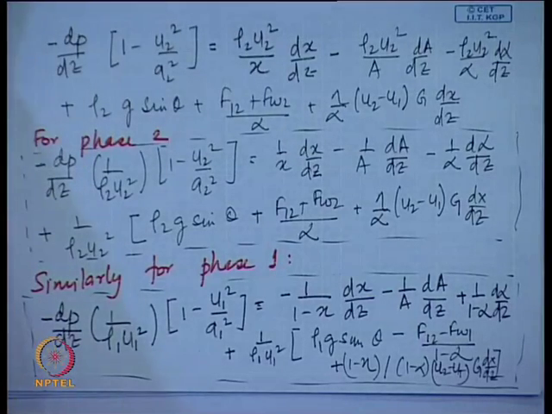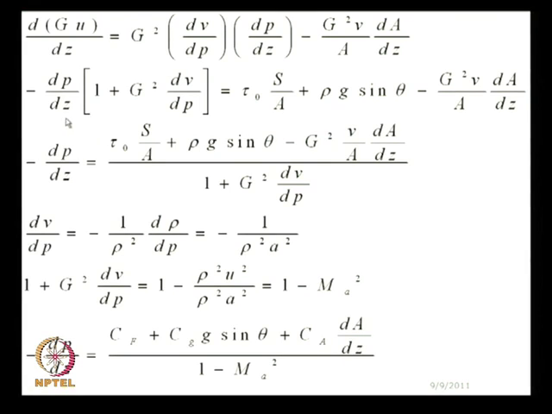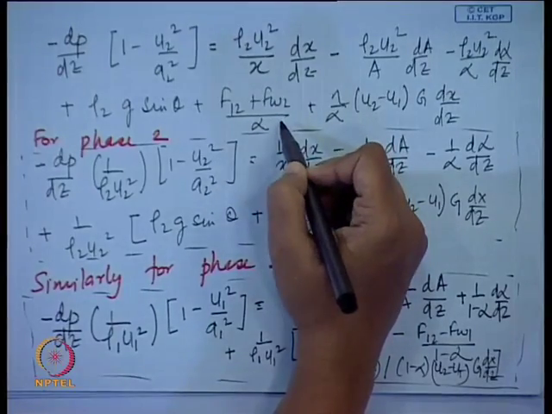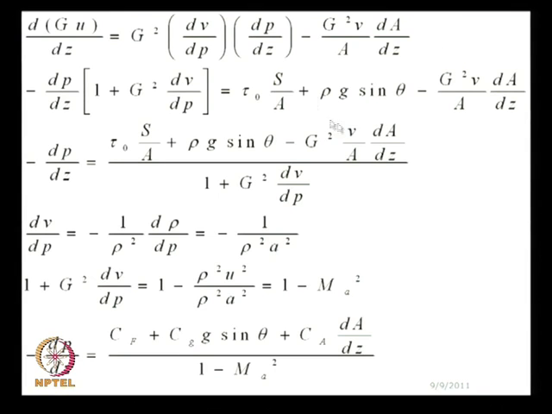If you just compare these equations with this particular type of equation, you find that there is a wall shear stress. Here also there is one F12, F12 plus Fw2. Here you have got a rho g sin theta, here also you have got rho 2 and rho 1 g sin theta. Then in this particular case you have got a dA dz term, and in this particular case also you have got a dA dz term.